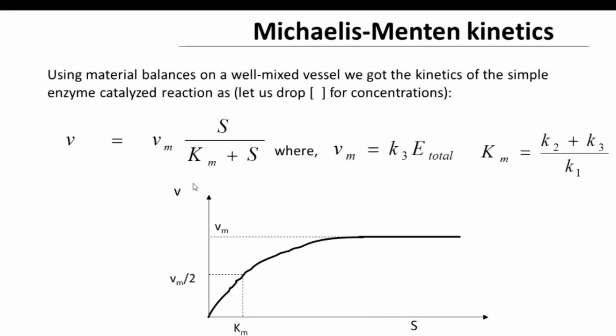If you plot V versus S, the volumetric rate of the reaction with the substrate concentration, you get a rectangular parabola. Yes, it's the same form that we got for the Monod equation. The Monod equation gave us the variation of growth rate, the culture growth rate, with substrate concentration.